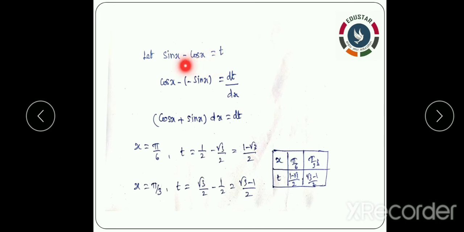Replacing the sin 5π/3 and cos 5π/3 values, we get root 3 by 2 minus 1 by 2, which reduces to (root 3 minus 1)/2. So when x = 5π/6, t = (1 minus root 3)/2, and when x = 5π/3, t = (root 3 minus 1)/2.